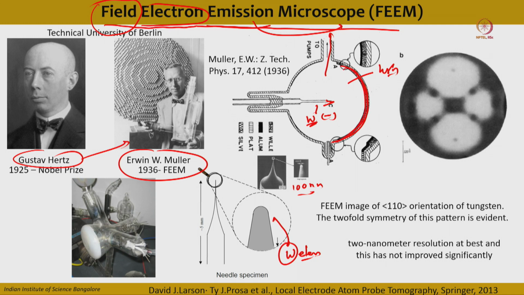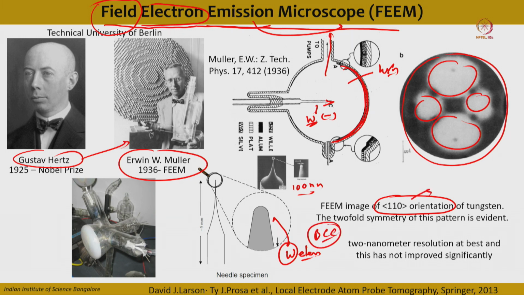he recorded an image where you can see 4 bright, diffused spots. This tungsten needle was oriented in the 110 crystallographic orientation, and tungsten has a BCC crystal structure, which along the 110 direction always shows a two-fold symmetry.